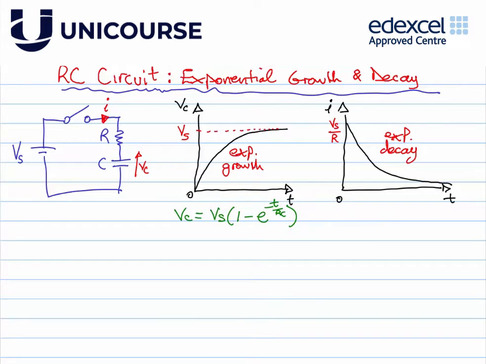And in terms of the current graph over here, we're looking at I equals Vs over R times e to the minus t over RC. So in RC circuits and RL circuits, whenever you see a 1 minus in brackets, you always think of growth.